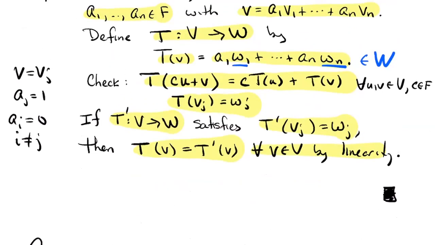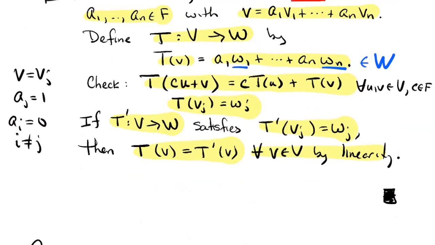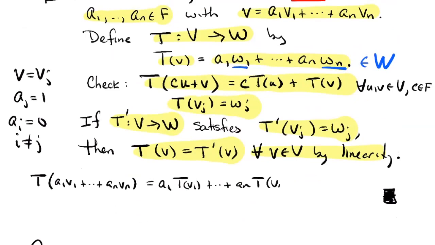If I were to write this last highlighted expression out, T of v, we're writing v as this linear combination. So you push T through by linearity. But T of vj is T prime of vj for every j.